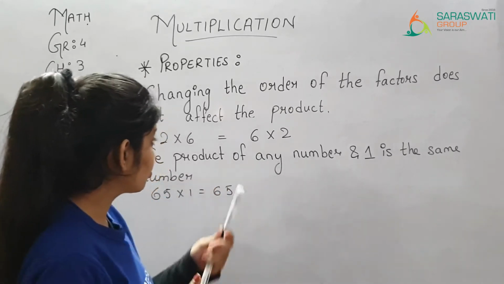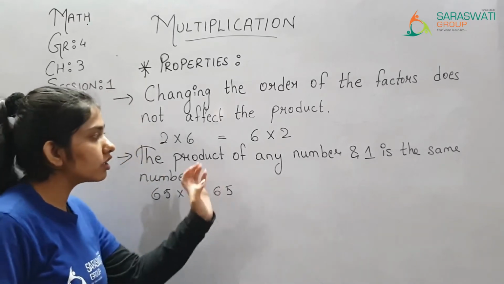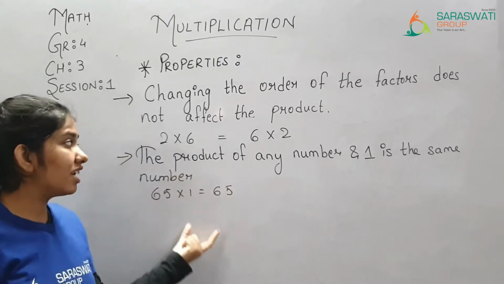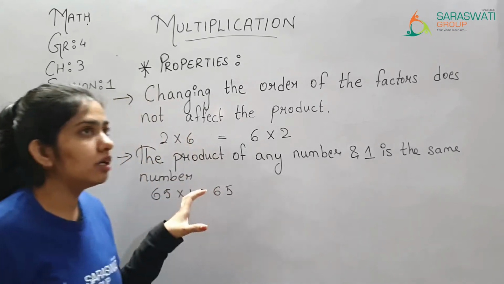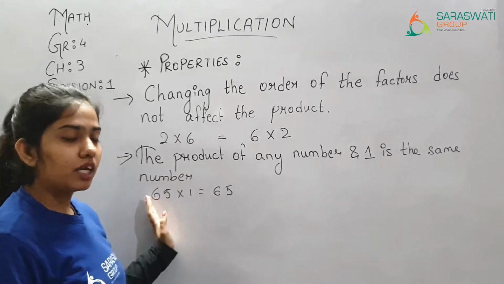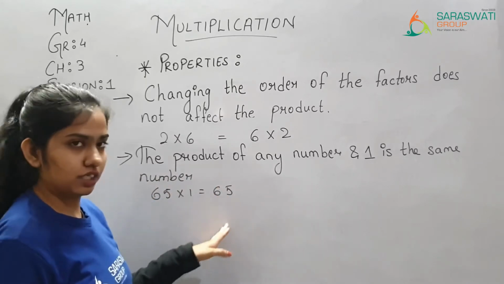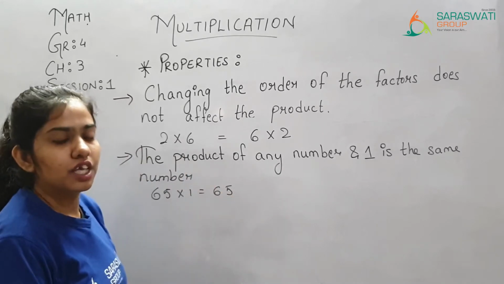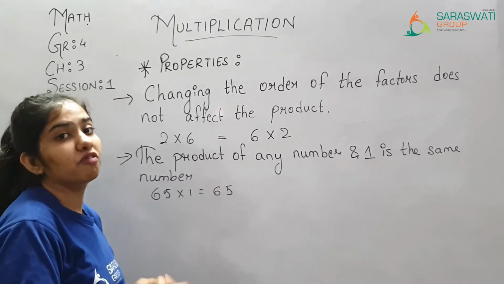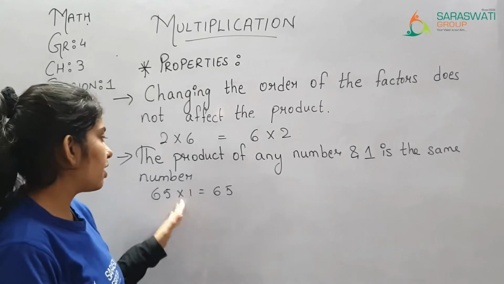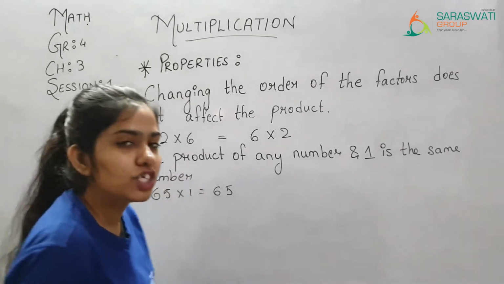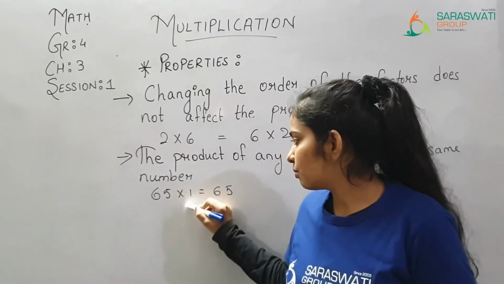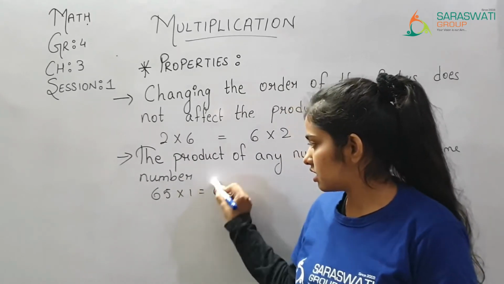So over here what it is said, the product of any number, and 1 is the same number. If you multiply any number with 1, your answer will remain the number itself. So 65 is the number, we multiplied it by 1, and our answer will be 65 only.